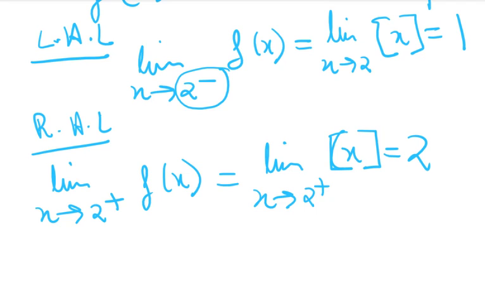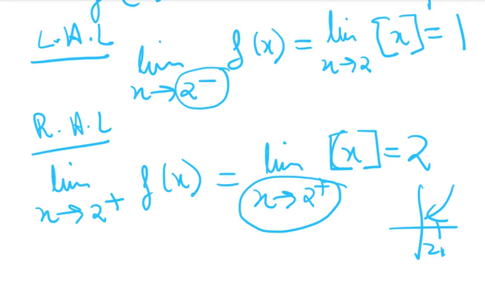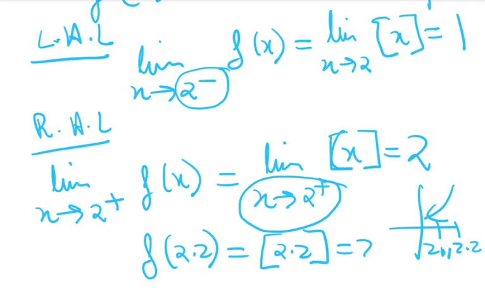See, if this is 2 positive, it means the graph is approaching from the positive side. That means we can take values like 2.1, 2.2. So if you write f of 2.2, in the box x 2.2, you are going to get 2.